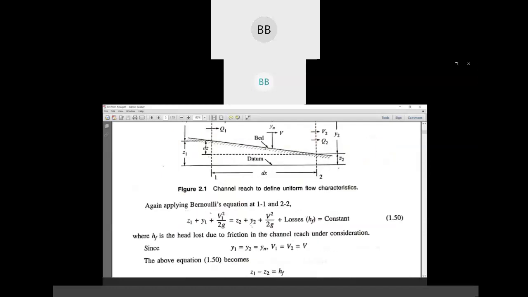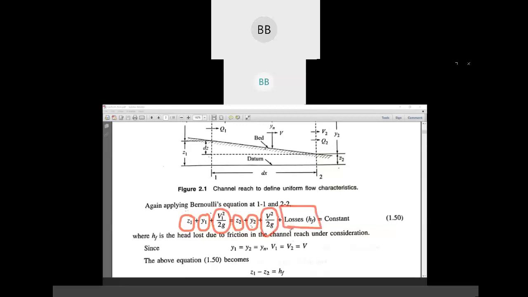You can see here we are using Bernoulli's equation to find out the total energy. So we have datum head at section 1, potential energy head at section 1, kinetic energy head of section 1, is equal to datum head at section 2 plus potential head at section 2, kinetic energy head at section 2, plus we have to consider the loss.